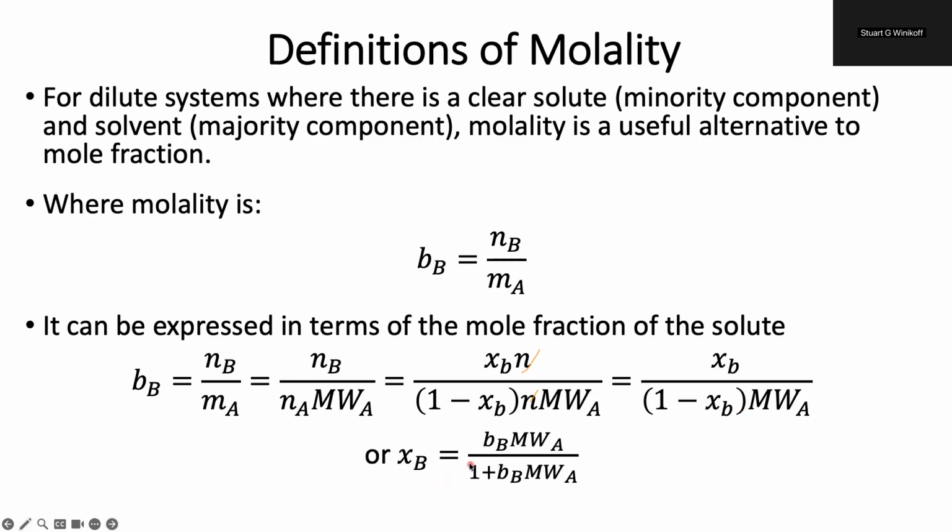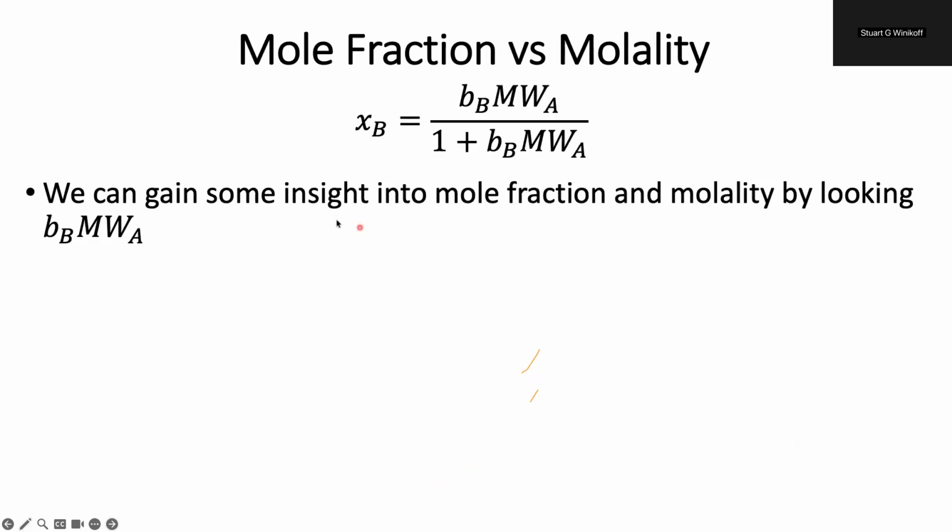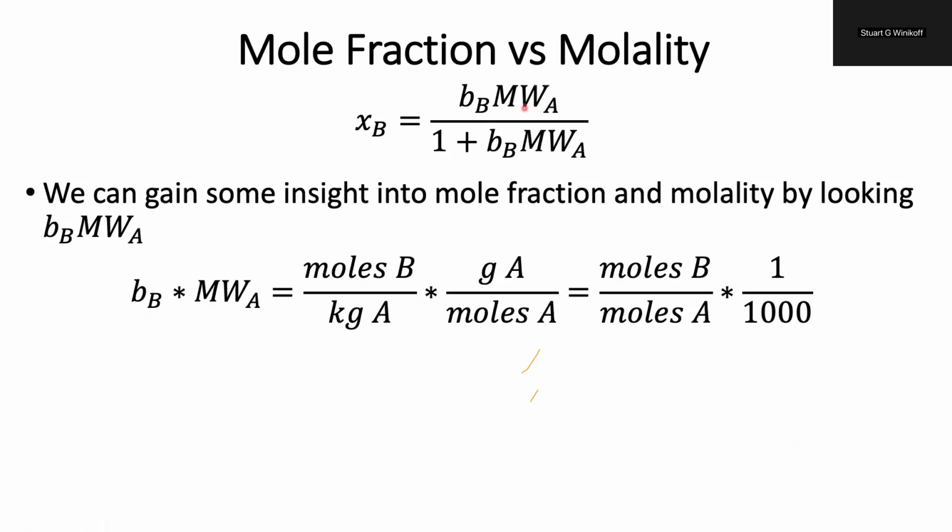Now, one of the big questions is why does this work? And we can see this by looking at my mole fraction calculation. Notice that it's given in terms of the molality of the solute times the molecular weight of the solvent. We can get some big insight by trying to figure out what this actually means, so let's take a look at the units. The molality is moles of solute over mass of solvent.